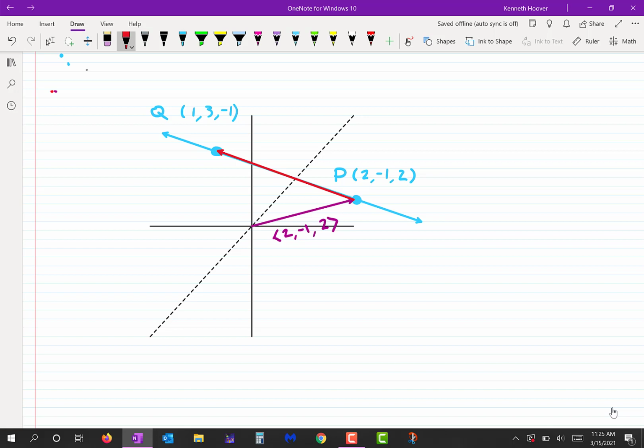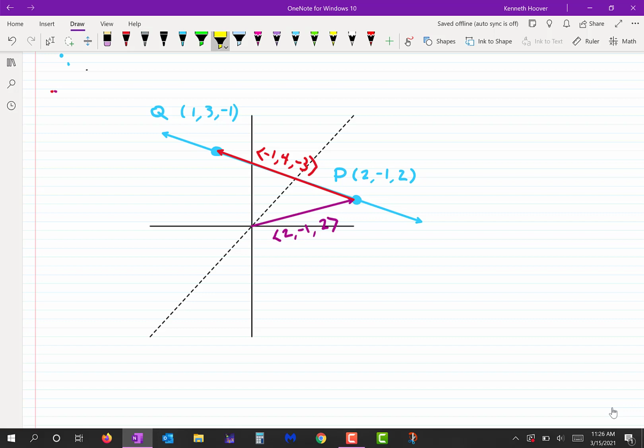So what is that vector right there? I want you to think about that. Okay, you got it? I'm going to write it down. That vector is -1, 4, -3. Why is it that vector?